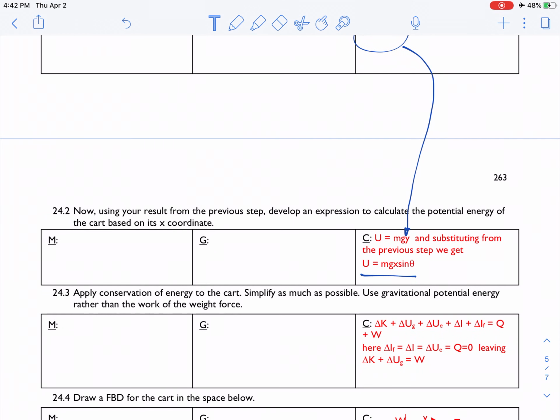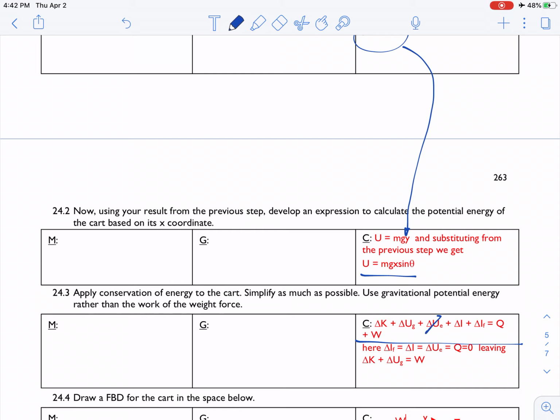Later, we are going to put these together, and now we are going to apply conservation of energy to the cart. And we'll simplify as much as possible first of all. So we are writing the energy conservation equation first, as you can see it in here. And then we're going to cross out the terms that are zero. There's change in velocity or speed, and there's an elevation change.